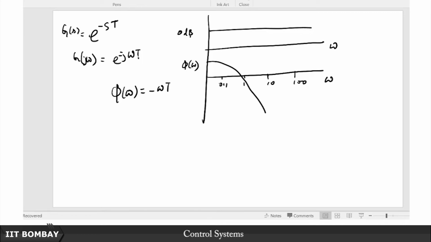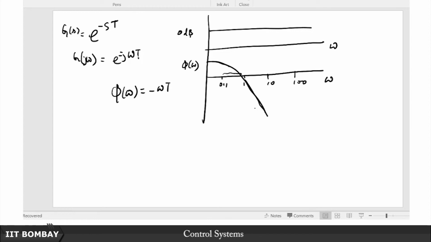This is just a change over 0.9, and this is a change over a range of 10. So you can imagine that there is 10 times more change in this phase plot in the second decade than in the first, and 100 times more, and so on. So in the log scale, this phase plot would look something like this.